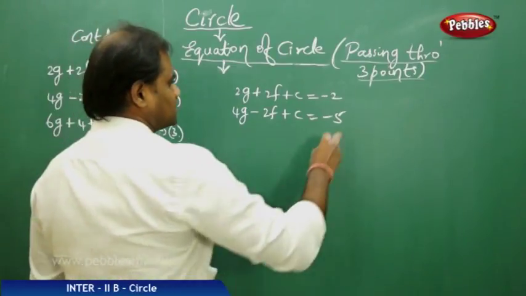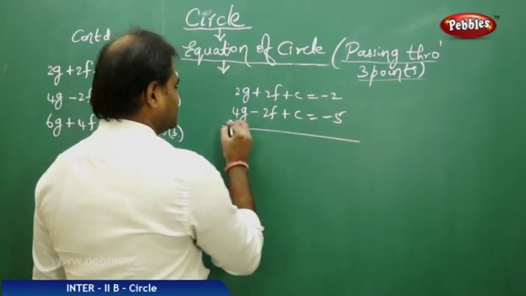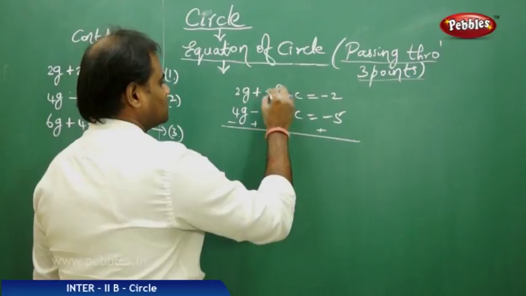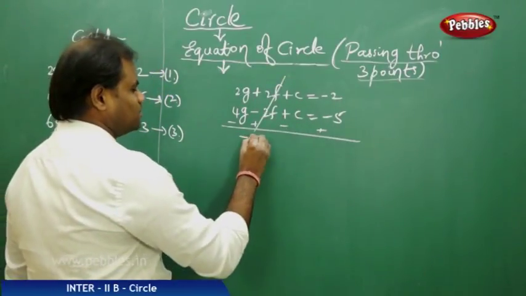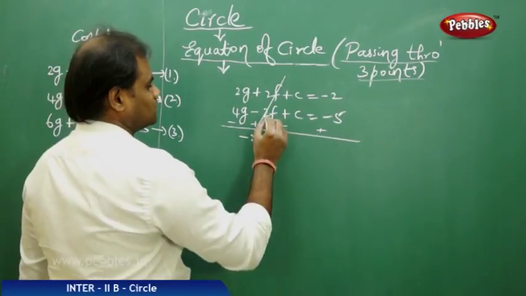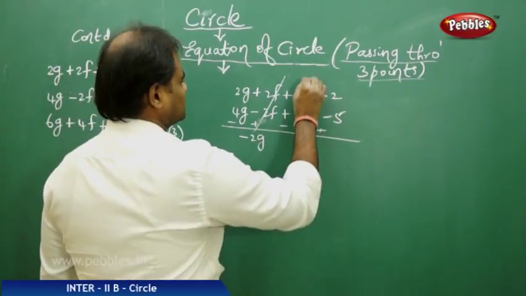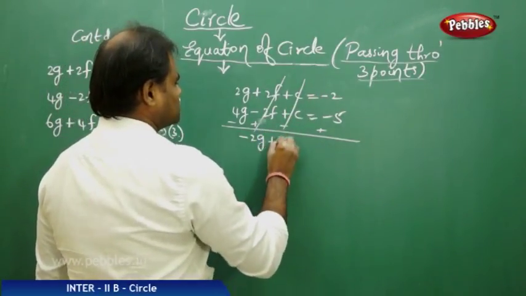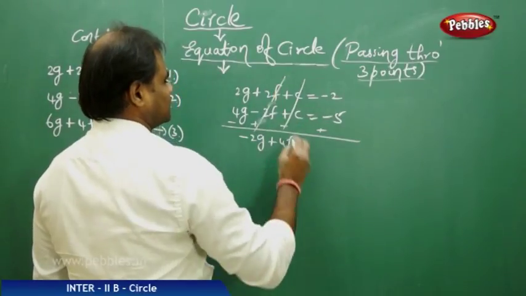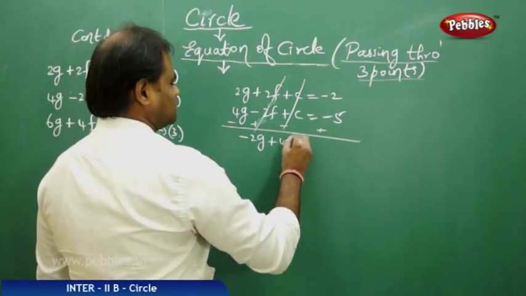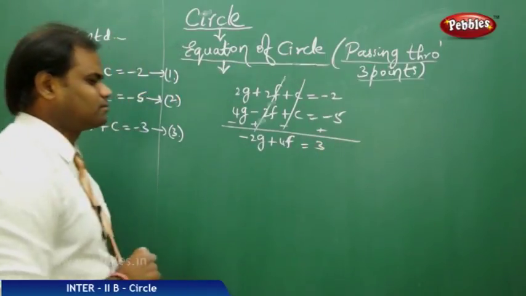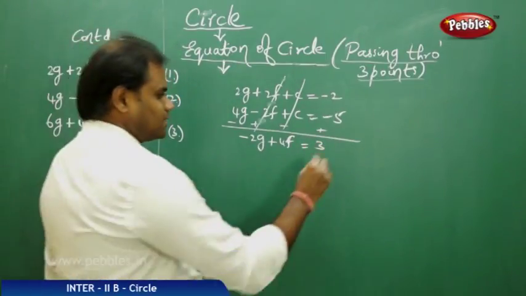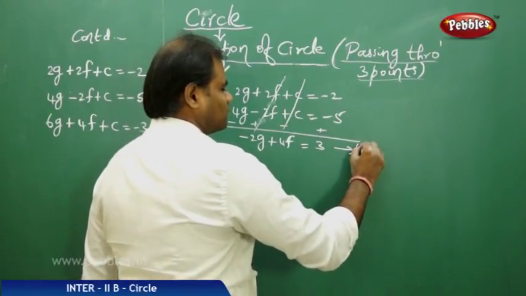Then I subtract the two equations, which gives me, the c gets cancelled, and I get 4f equals 5 minus 2, which is 3, which is what I get as equation 4.